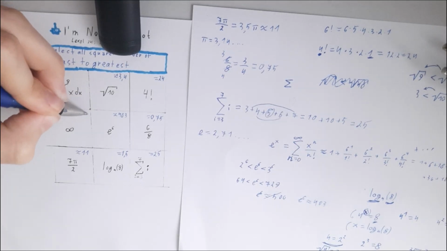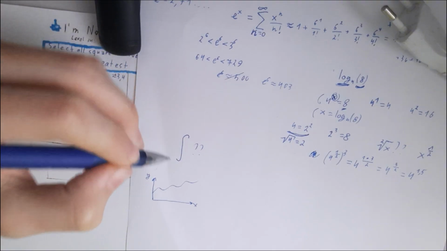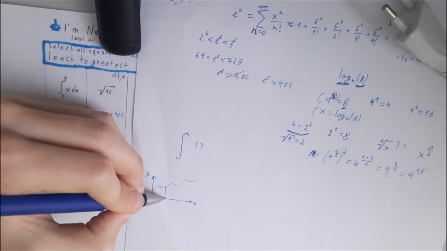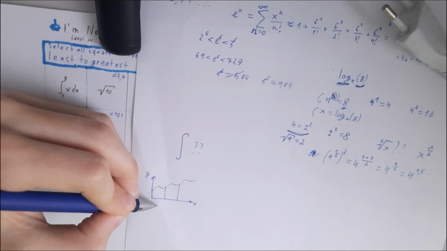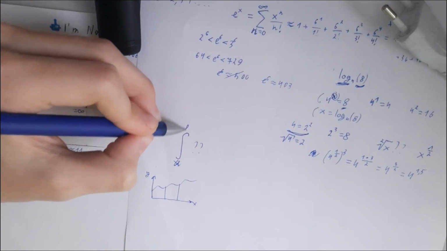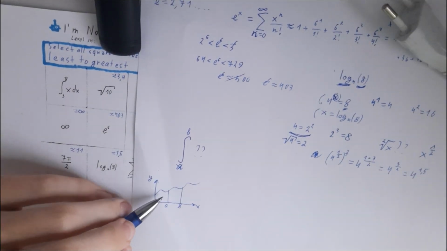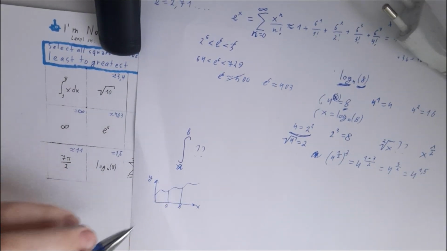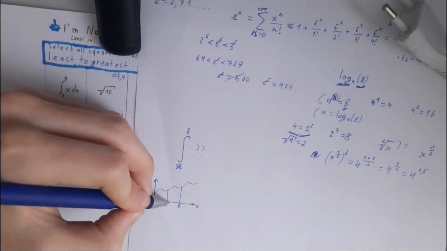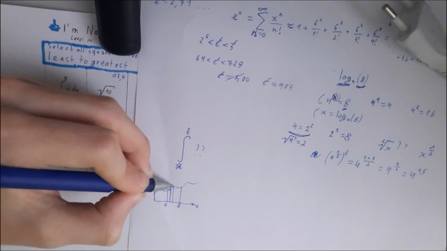And this is just the infinity symbol. It's equal to infinity. So what is an integral? In simple words, it's just the area under the graph from A to B. But how can we calculate the area of this strange figure? The answer is we can divide this figure into very small rectangles.